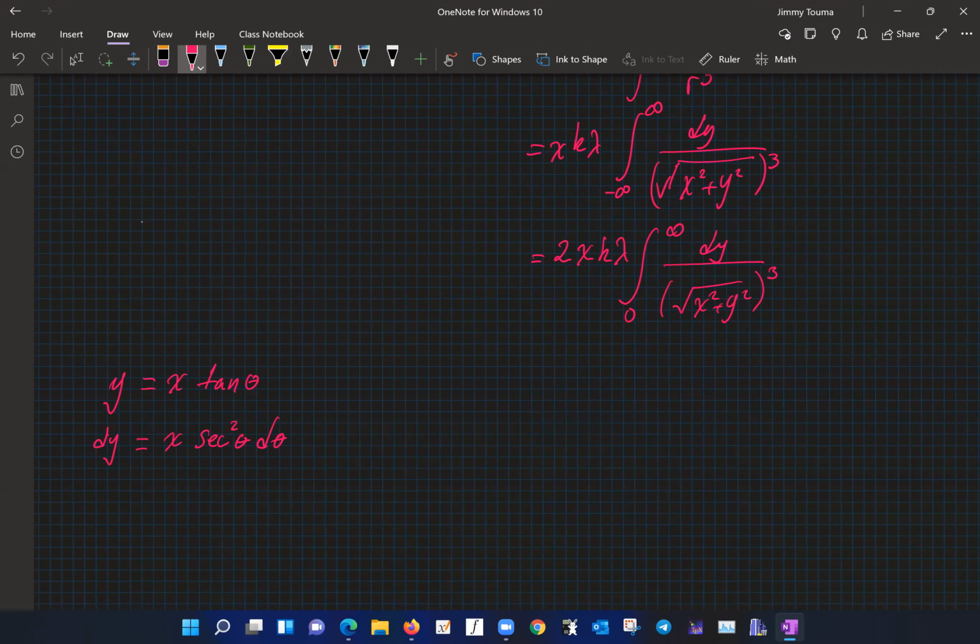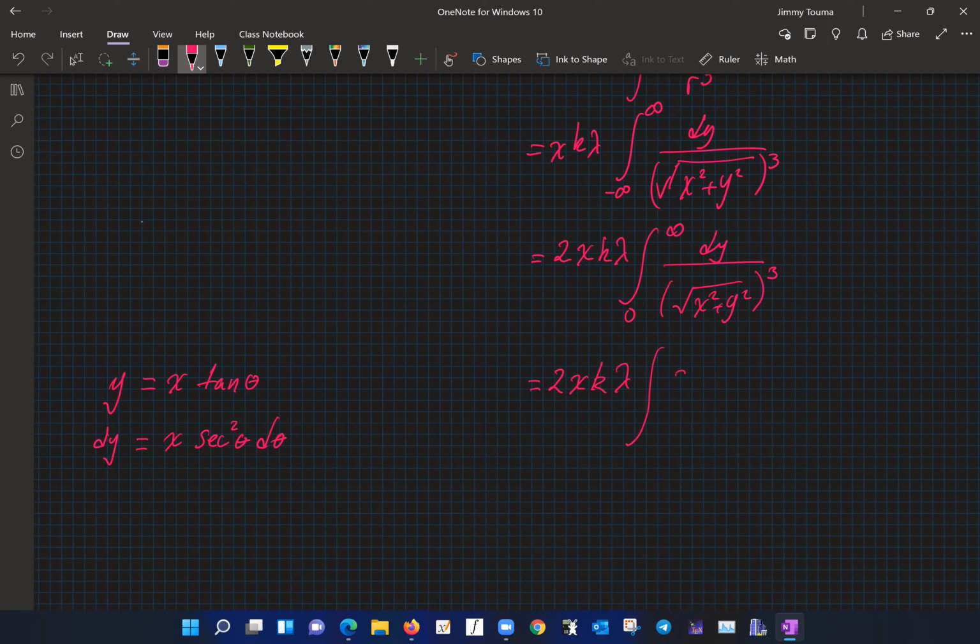That's not what I want. I wanted, let me see here. Yeah, here we're going to theta right now. So now what do we have? So we have 2x k lambda. Let's not worry about the integrals, the limits.